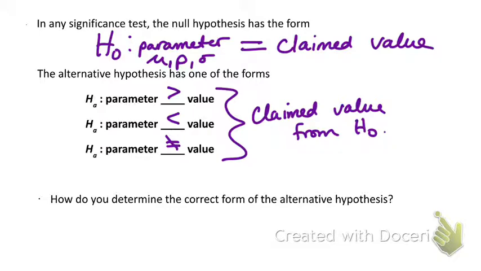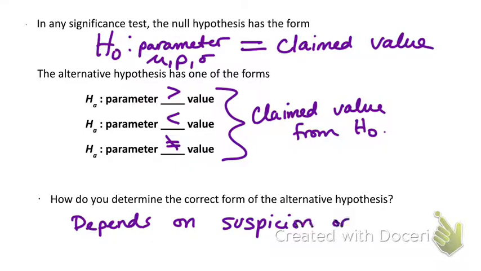Again, we cannot give an alternative number. We just have to say what it is in terms of the number that was given. Less than, greater than, or not equal to. Now, how do I know which one of these to use? It depends on your suspicion or hope. You'll see this will make more sense when we do our examples here at the end.